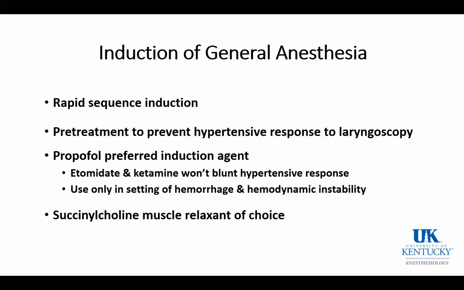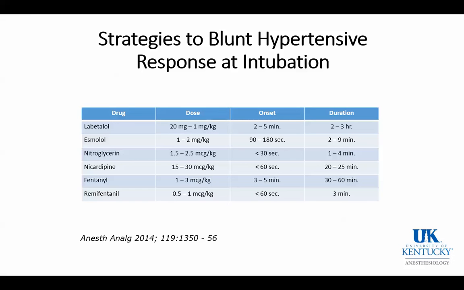You want to do something in terms of pre-treatment to prevent hypertensive response to laryngoscopy. This was a nice review article that was in A&A a couple years ago with this nice table of various strategies that you can use to blunt the hypertensive response to intubation.